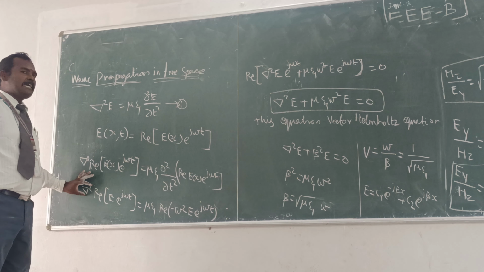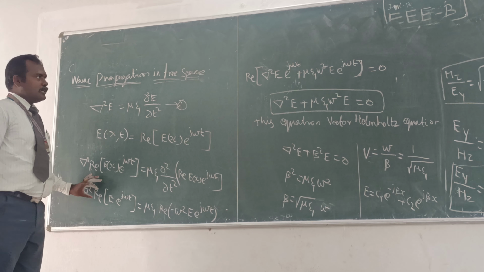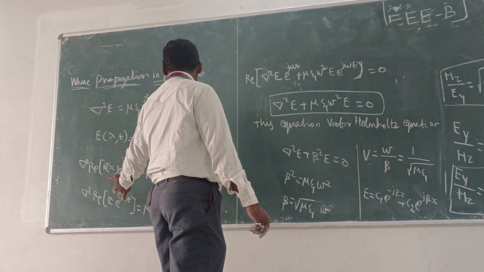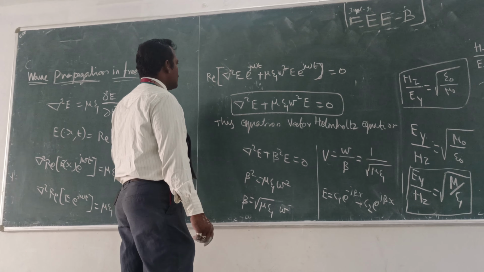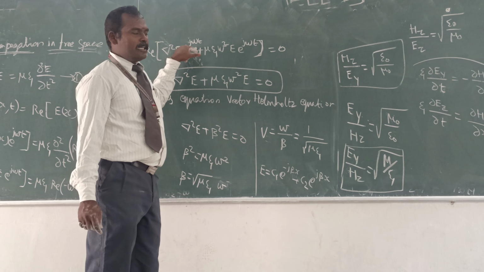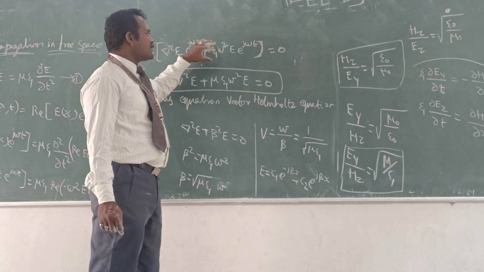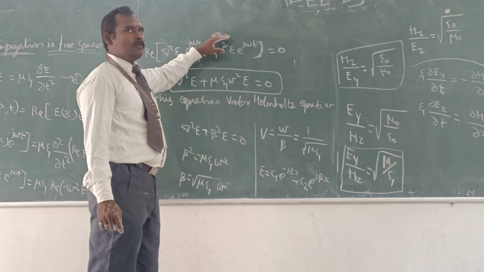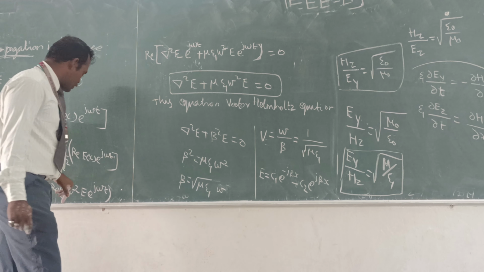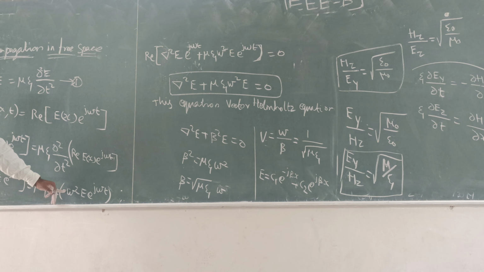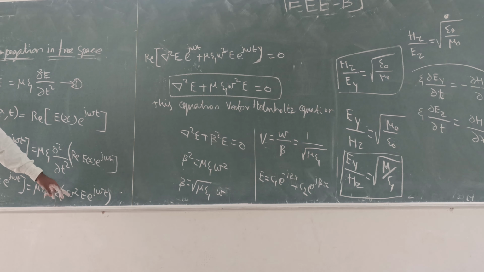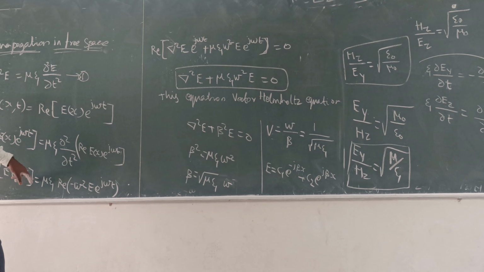Now you can collect all the real parts in one direction. Commonly you can take the real part of the electric field, that you can write as del square E into e power j omega t. The right-hand side has a negative sign, which becomes positive while shifting from the RHS to the LHS.